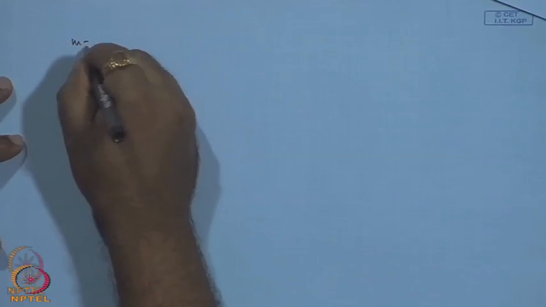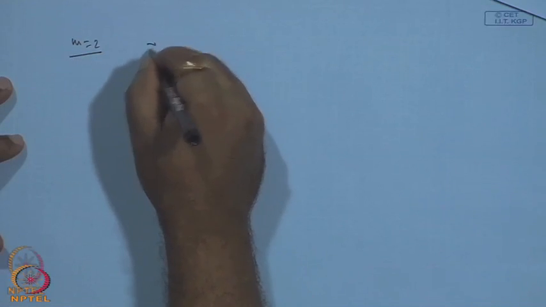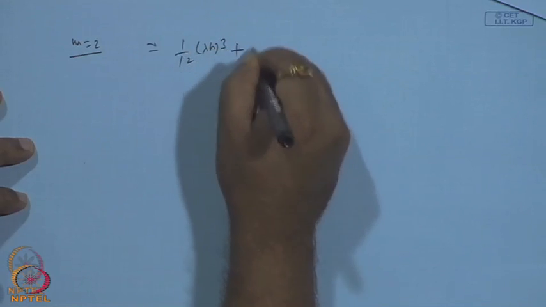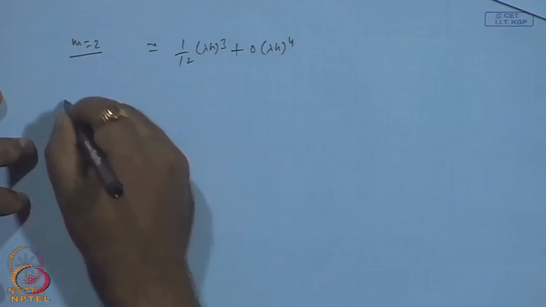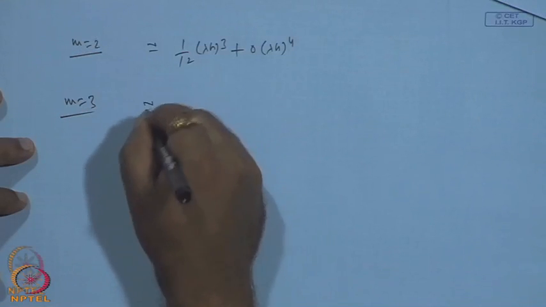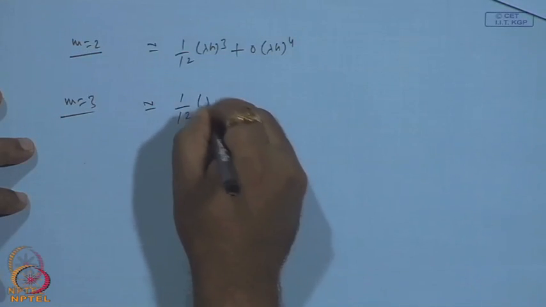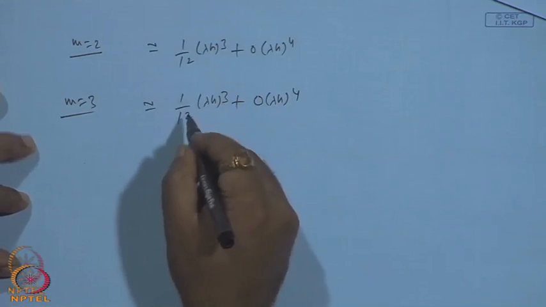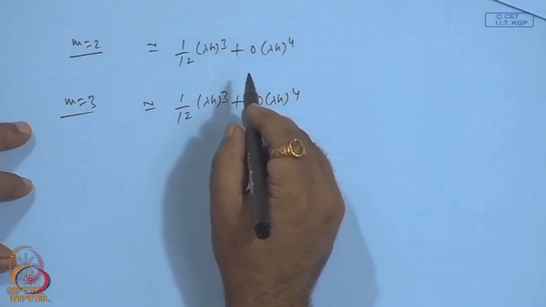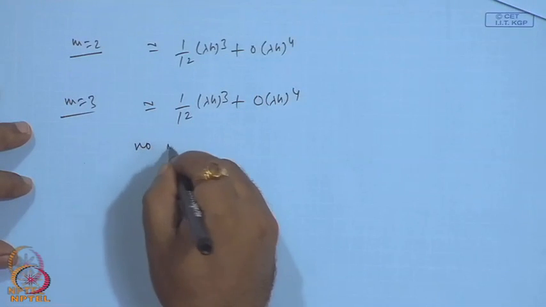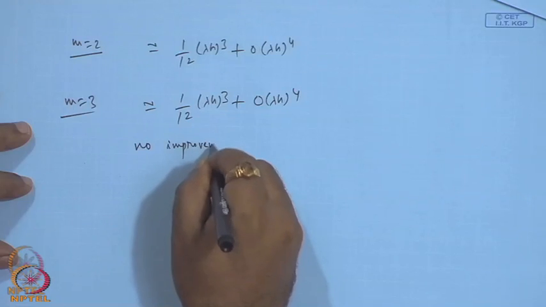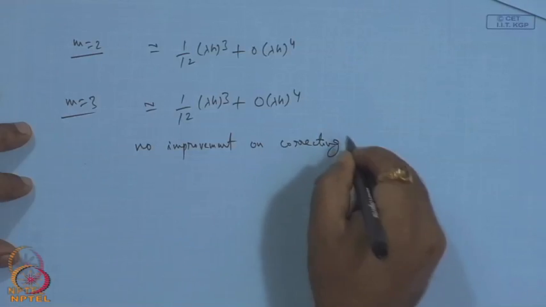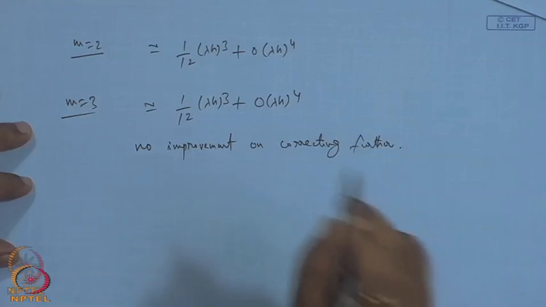So, if you continue to m equals to 2, we should show that some coefficient, and in particular for this method, if you continue, we can verify subject to these coefficients, but that means there is no improvement on correcting further.